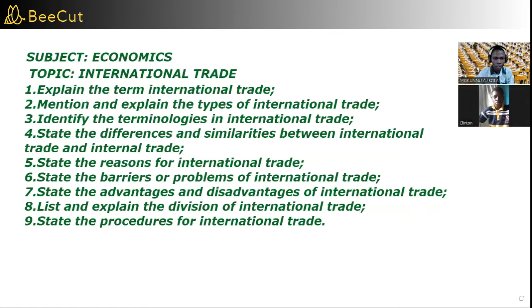Or I say, very soon I'll be going into trading. That means I'm going into business, the business of buying and selling something, which might be goods and which might be services. So buying and selling of goods and services is known as trade.